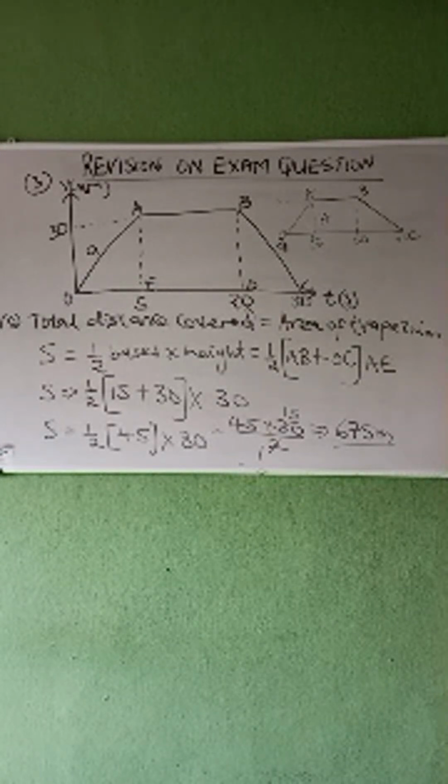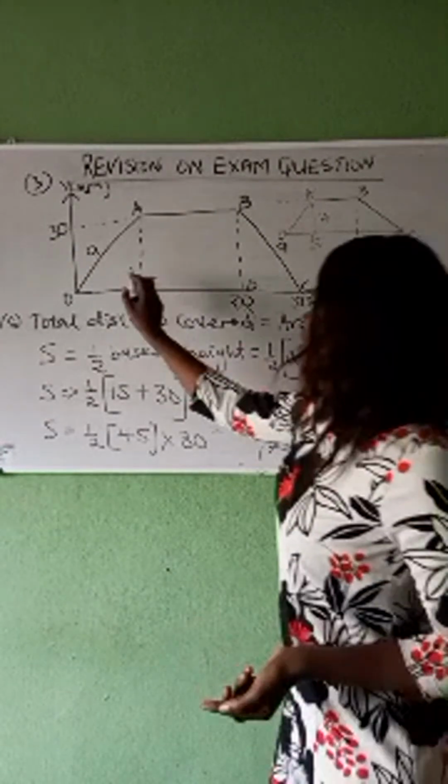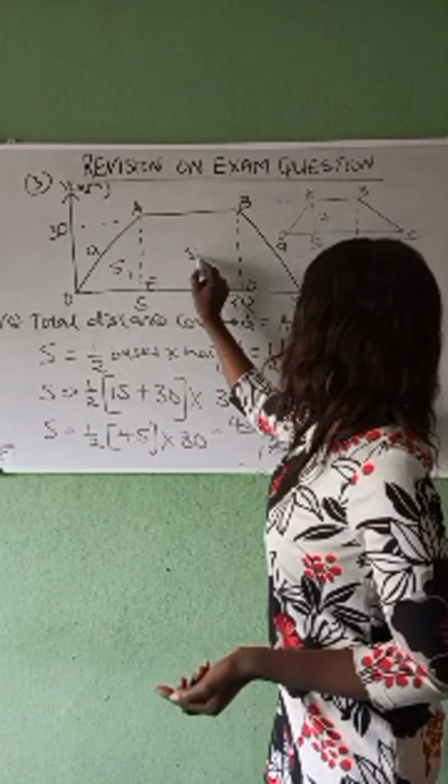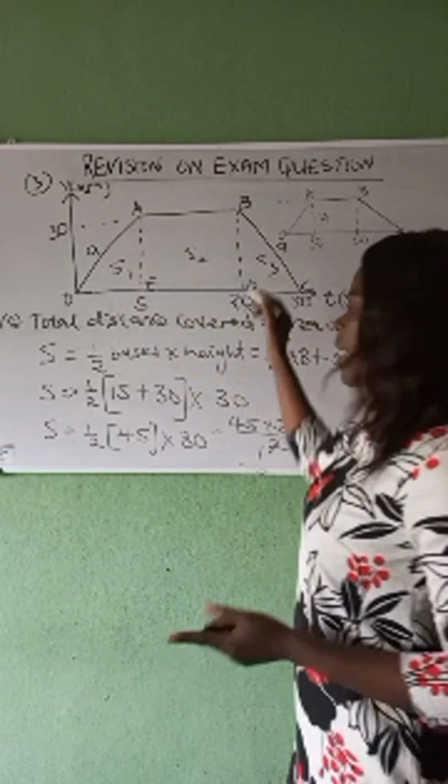All right. There is another way of solving this. I will teach you another way of solving this, to get the total distance traveled. You can solve it in two ways. This is the first way we can solve it. We can solve it in two ways by saying that this is x1, x2, and x3, right?